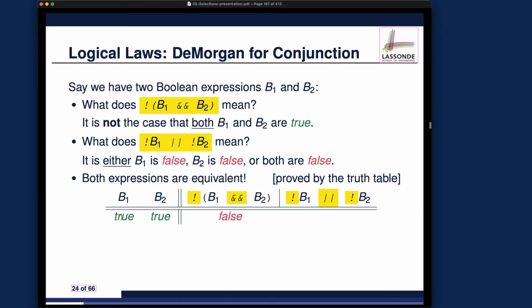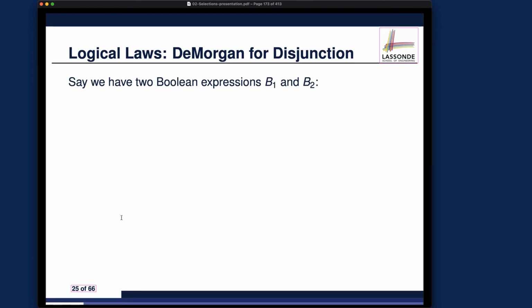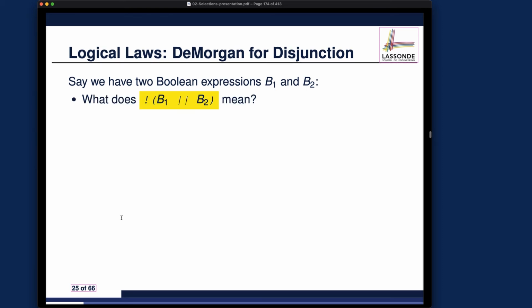That's exactly the truth table I just talked about. Let's now go to disjunction, De Morgan. Again, let's assume B1 and B2 are simply Boolean conditions. Now let's consider one by one. What does this mean?